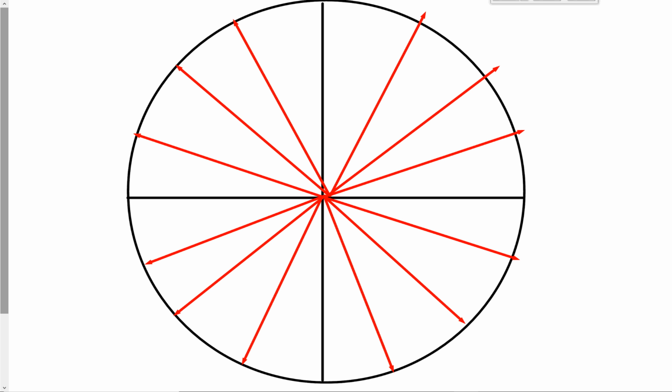And so you're just basically going to fill this out: 0 degrees, 30 degrees, 45, 60, 90, 120, 135, 150, 180.